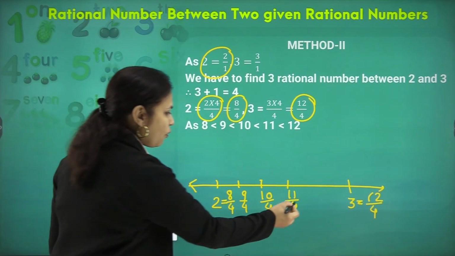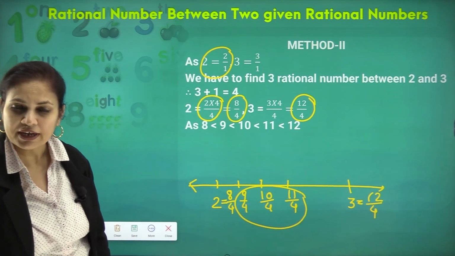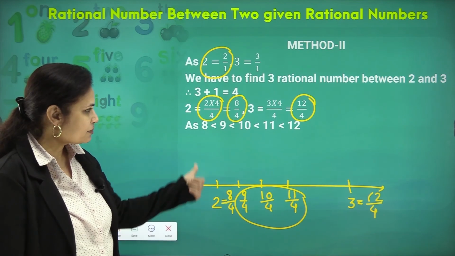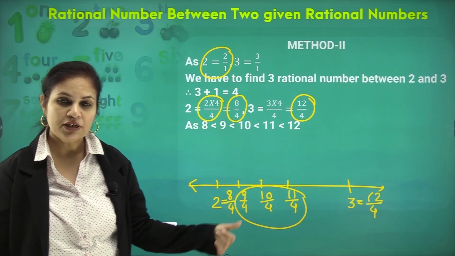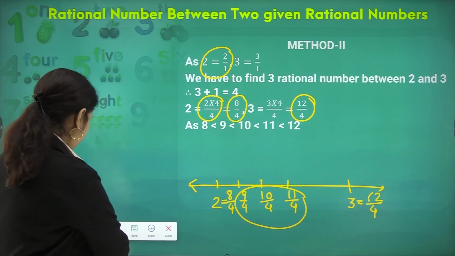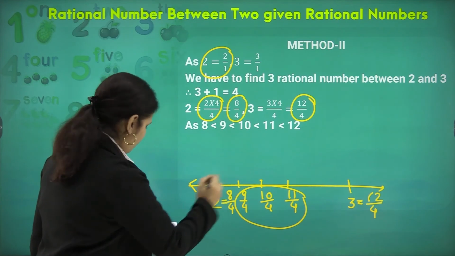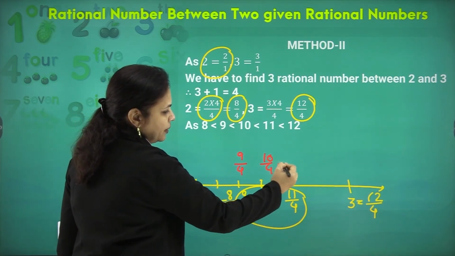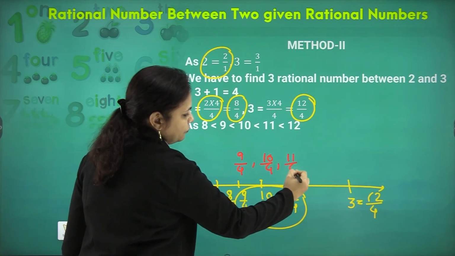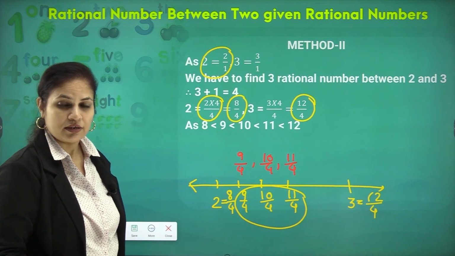So, we have got all these 3 numbers very easily. The 3 rational numbers between 2 and 3 are 9 upon 4, 10 upon 4 and 11 upon 4.